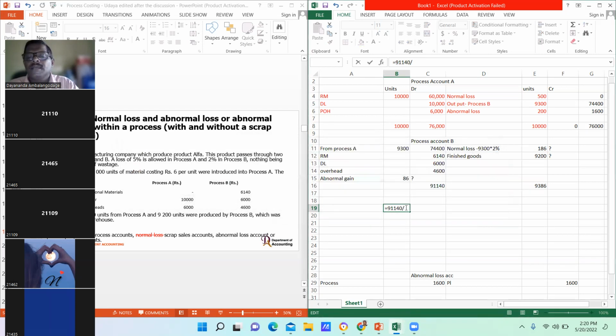How do you get the expected units? 9,300 into 98%. I will remove the equal sign, then you can remember the formula. The formula is the total cost incurred divided by the input 9,300 into 98%. That is the expected units.